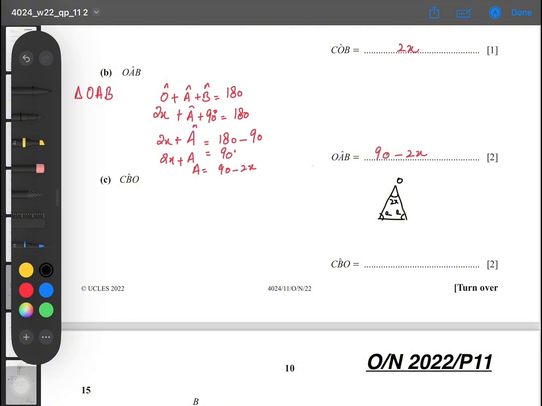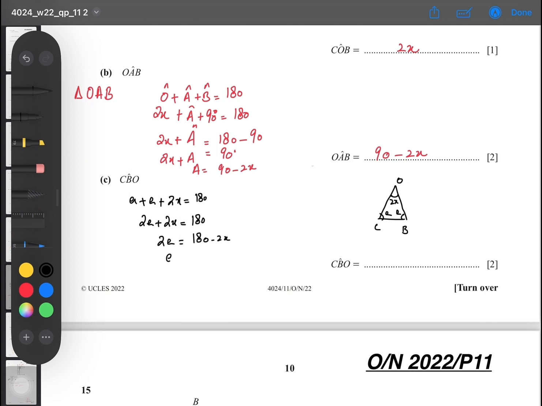This point is O, C and B. So A plus A plus 2x is equal to 180 degrees. So 2A plus 2x is equal to 180 degrees. And up to that, 180 minus 2x. So 2A is equal to 180 minus 2x.